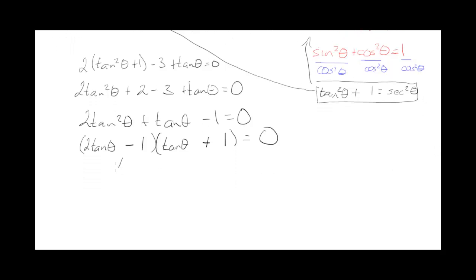And now I'm just going to set each bracket equal to 0. So tan theta equals minus 1 here, and then over here tan theta equals 1/2.